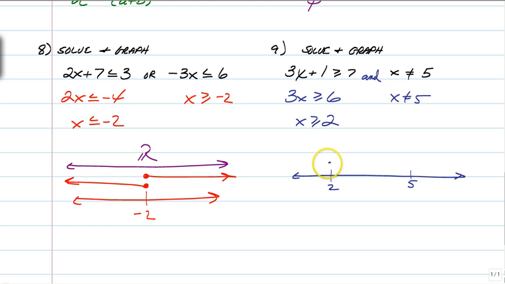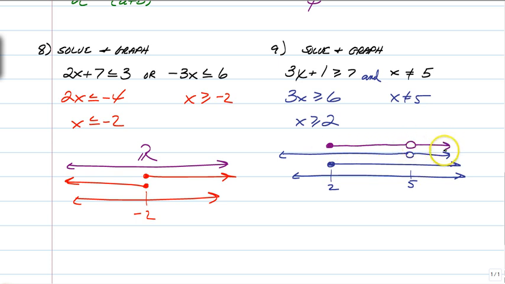First part, x has to be greater than or equal to 2. Second part, x can be anything except 5. Since this is an and statement, your final answer is any number that is greater than or equal to 2 except 5.